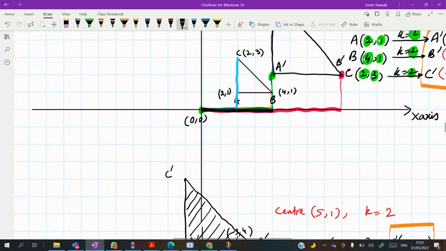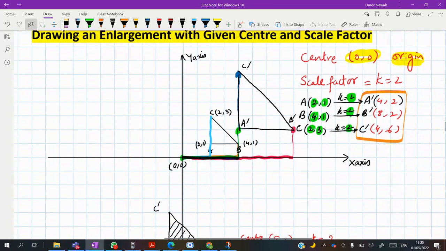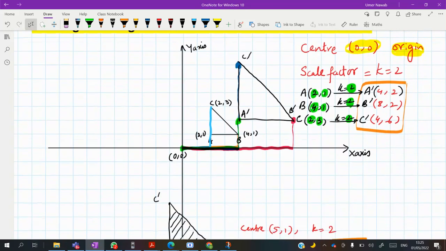Clear? So the idea is pretty much understood by all of you: whenever the examiner gives you any shape and says that this is the center and this is the scale factor, you have to draw the new enlarged shape. Then you have to write the coordinates of your shape according to the provided center.